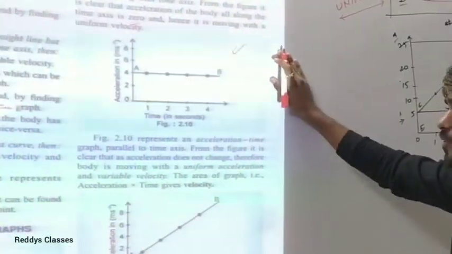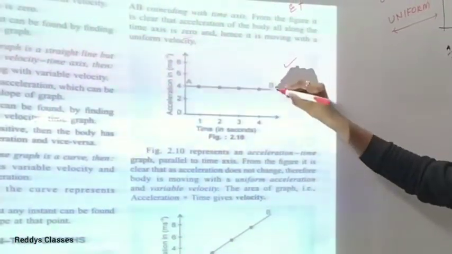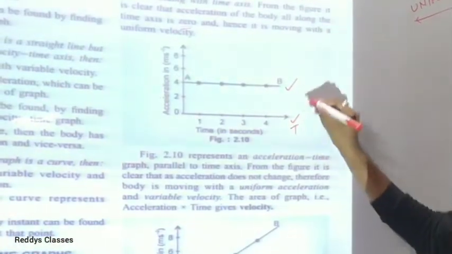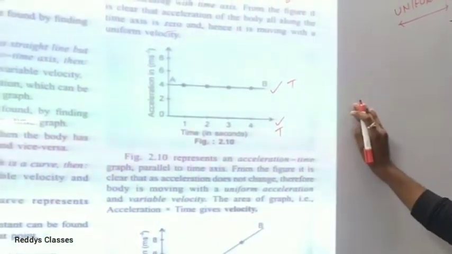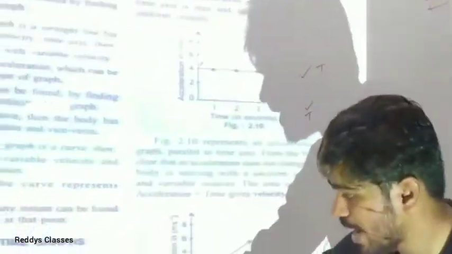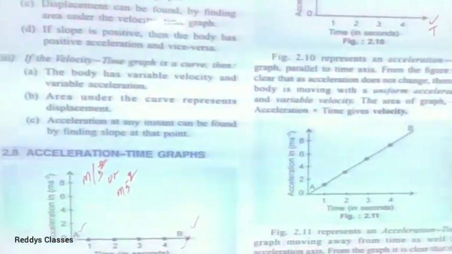Now you can see this graph. This graph represents the acceleration time graph when the graph is parallel to the time axis. You can see this is the time axis and the graph is parallel to it.